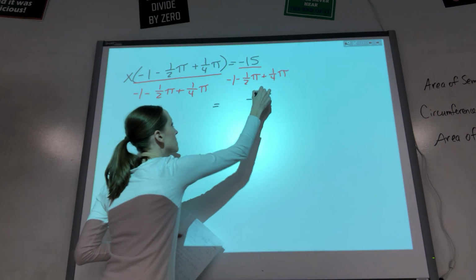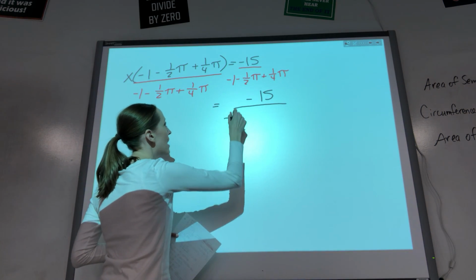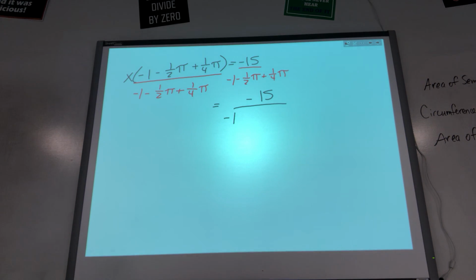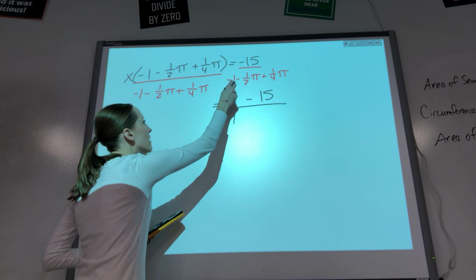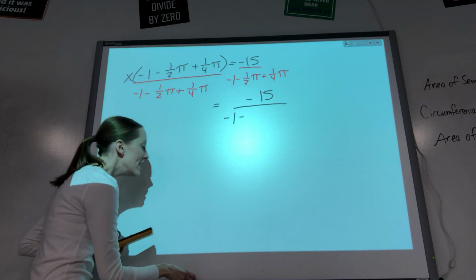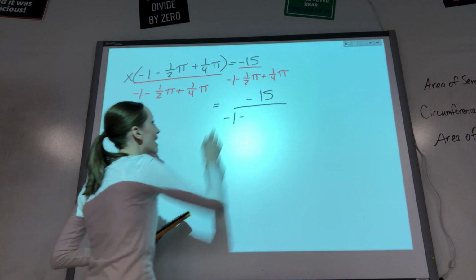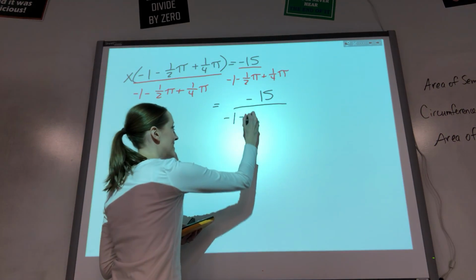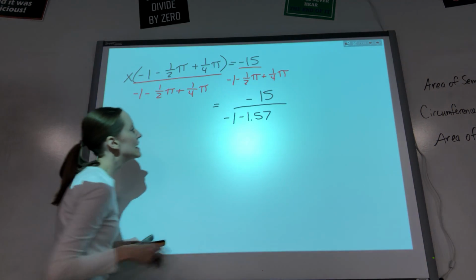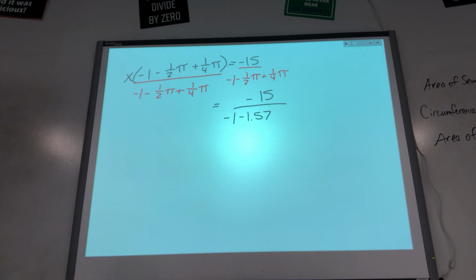And actually, before I try to do too much on my calculator, let me just do one thing at a time. I'm going to leave that -1 there for a second. Now, taking 1/2 times pi, it's just pi divided by 2. That is approximately 1.57.